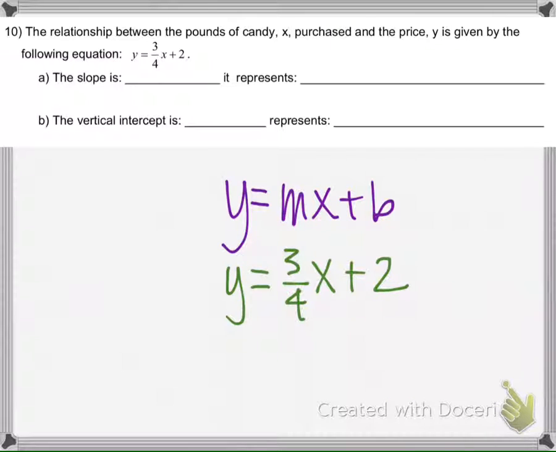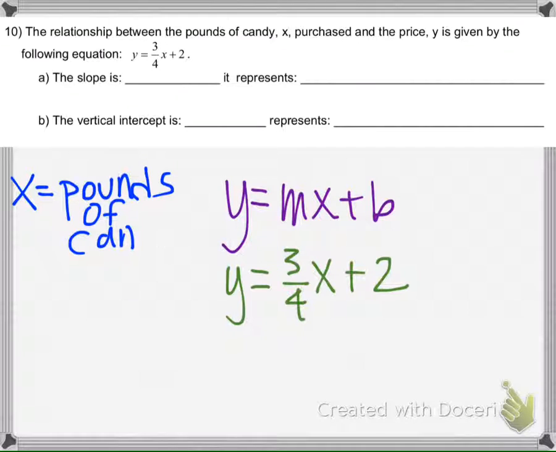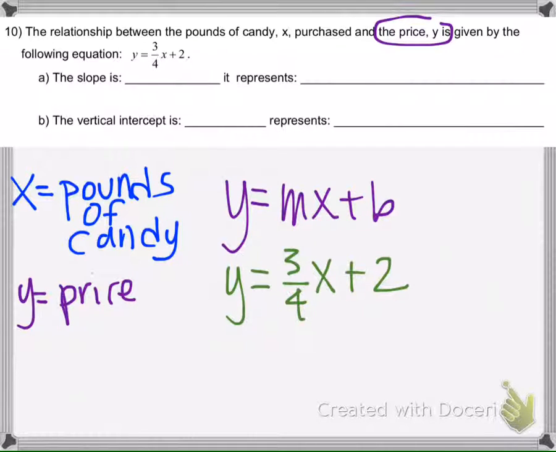Okay, if we look at the next example, it says the relationship between the pounds of candy X. So I'm going to notate X represents the pounds of the candy purchased, and Y is the price. That's just for me.